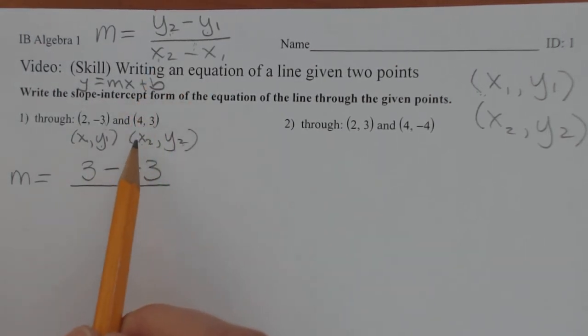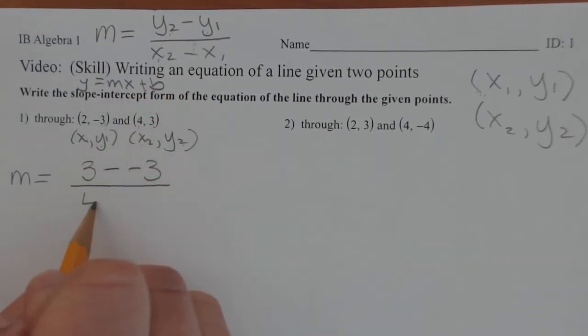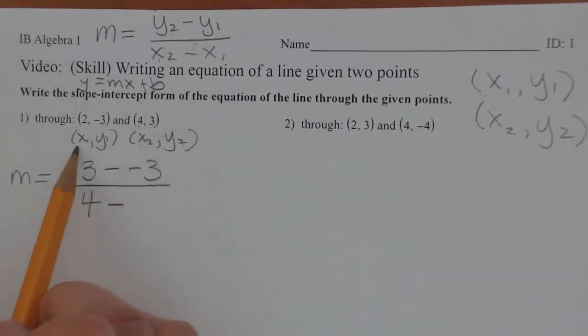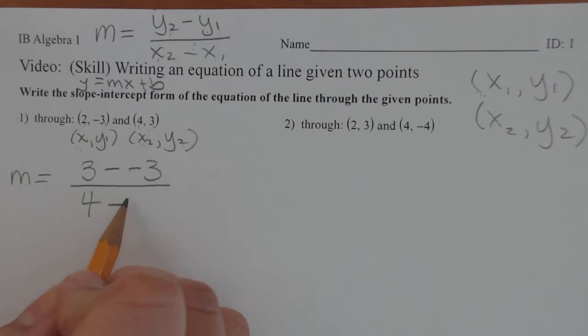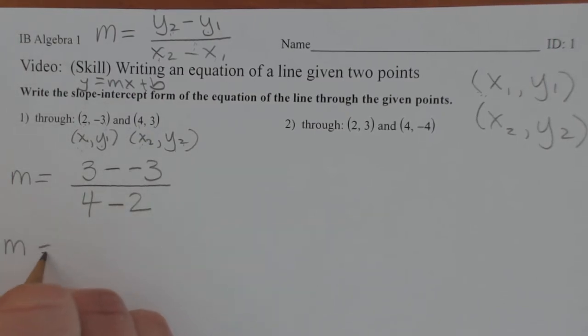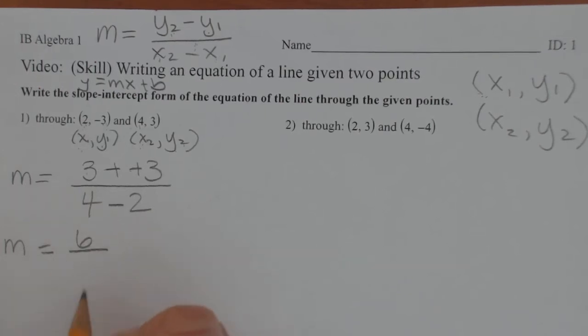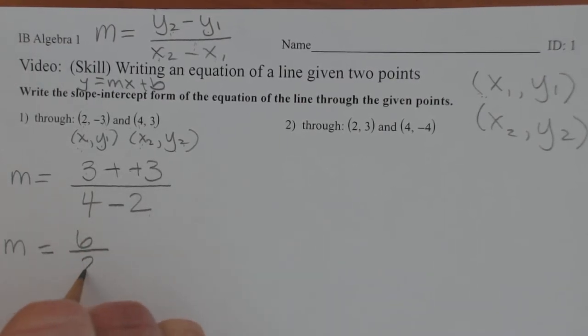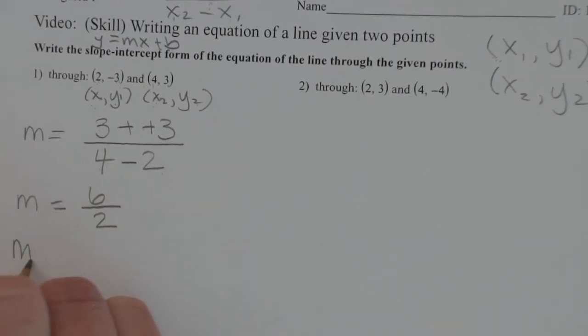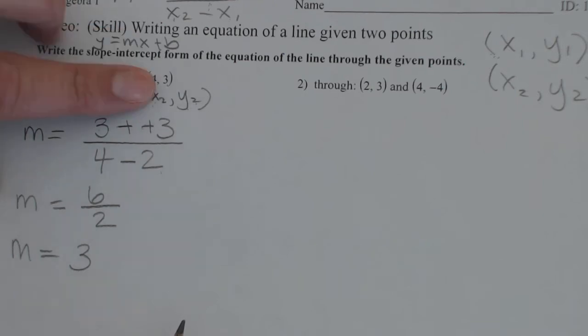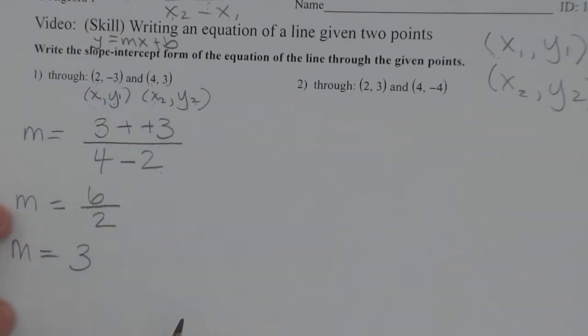Then x2, which is 4, minus, automatically putting my minus down, x1, which is the number 2. Let's simplify. 3 minus -3 is really plus 3, so that's 6, divided by 4 minus 2, which is 2. So my slope is 6 divided by 2, which is 3. So I have my m. I'm looking good. I now need my y-intercept, which is my b.